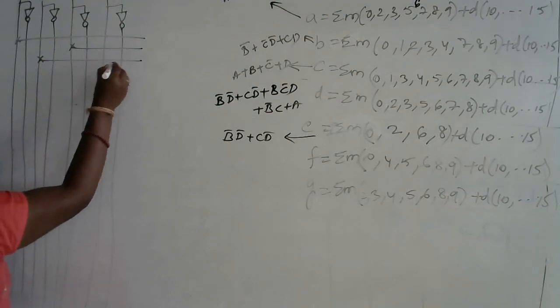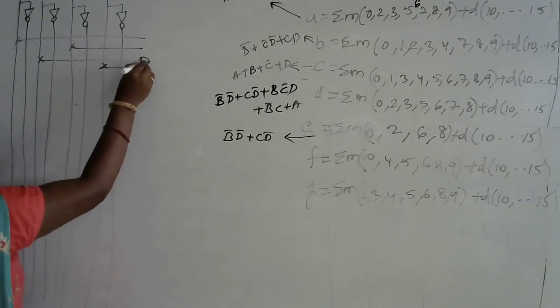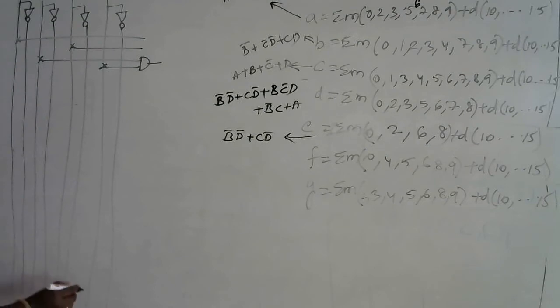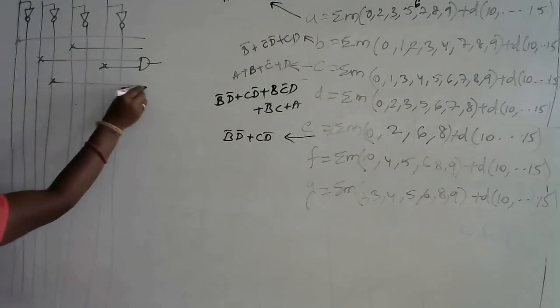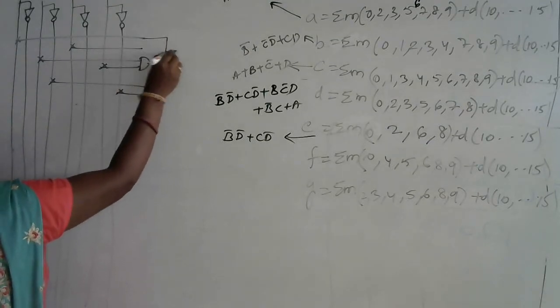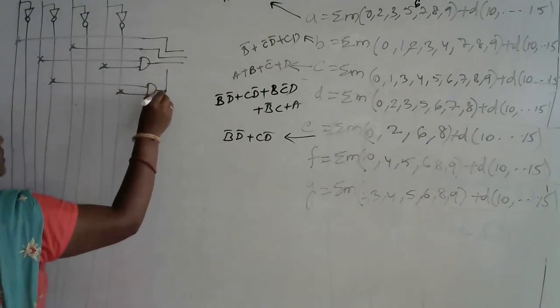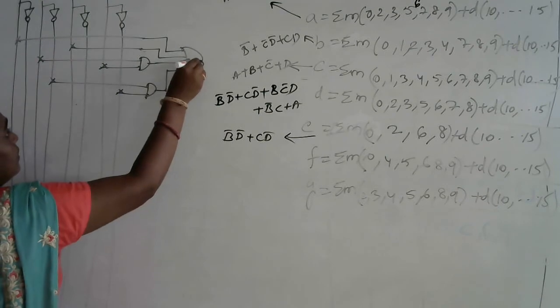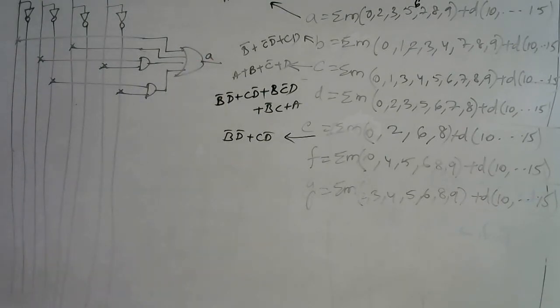This is B, this is D. Both should be connected to an AND gate. Next is B bar, D bar. This is B bar, this is D bar, AND gate. All these four should be connected towards an OR gate. This is for A.